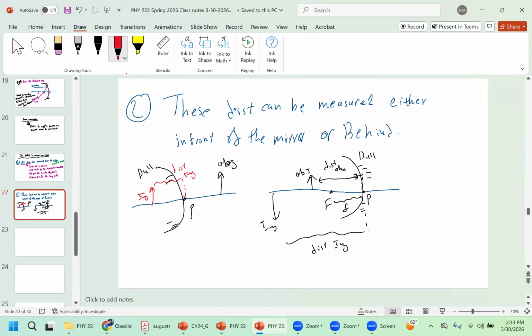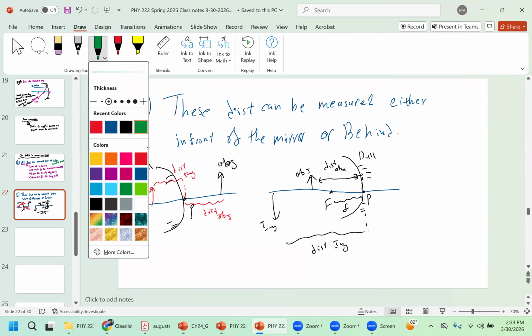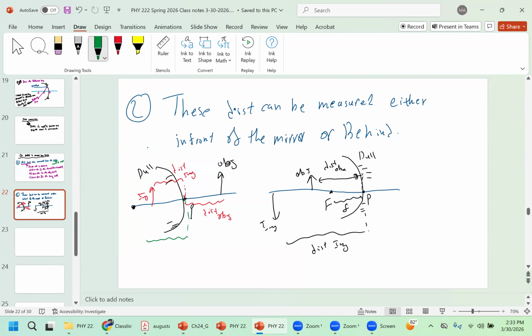This is the image. And this is the distance for the object. Let's say my focus is right over here. Focus. So these distances can be measured either in front of the mirror or behind the mirror. It depends on the mirror. Does that make sense, guys?